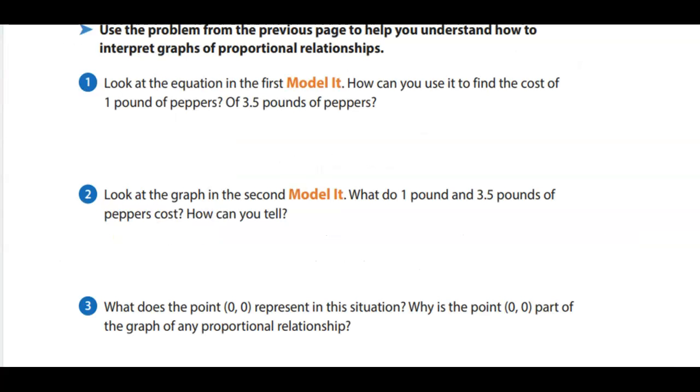Page 67. So how could you use the graph to find the cost of 1 pound of peppers or 3.5 pounds of peppers? We need to find the unit rate, also known as the constant of proportionality.